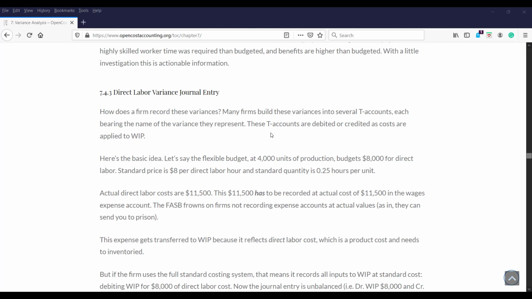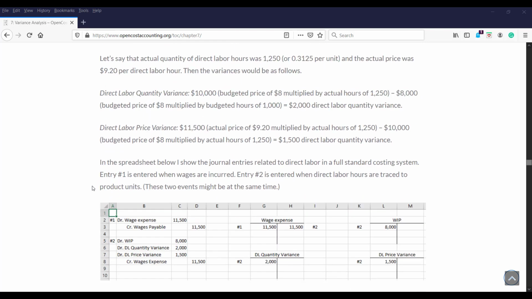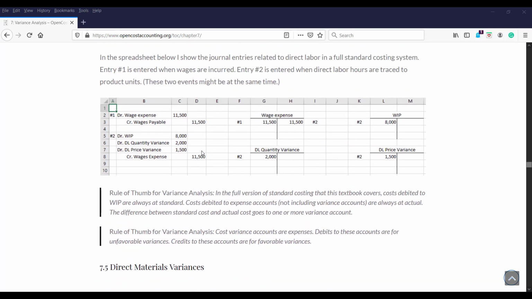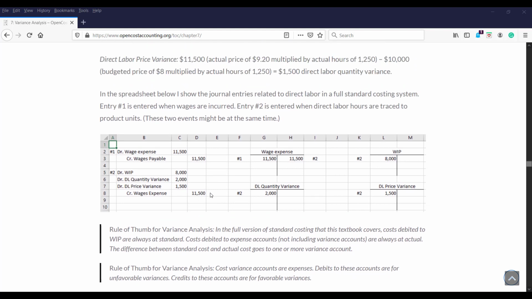But the basic idea is you're going to have one side of the journal entry that is at actual cost, or at least a more actual cost, and one side that is at a standard cost. And then in the middle, the plug between the two is going to be your numbers that go to the variance accounts. In the case of direct labor, obviously you want the wage expense to be at actual cost.